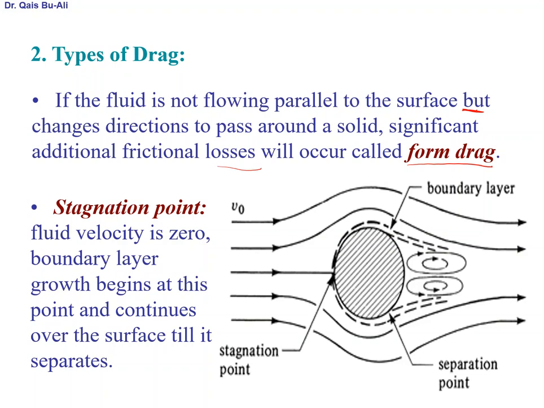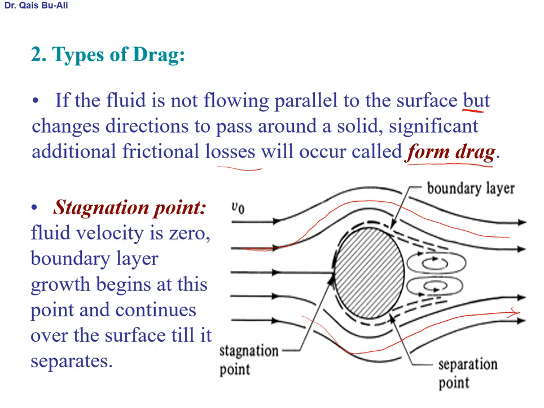And the second one is when the fluid has to change direction to pass around the object. And this is called form drag. Why? Because it depends on the form, on the shape of the object.